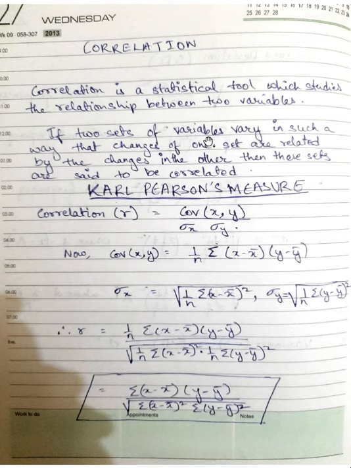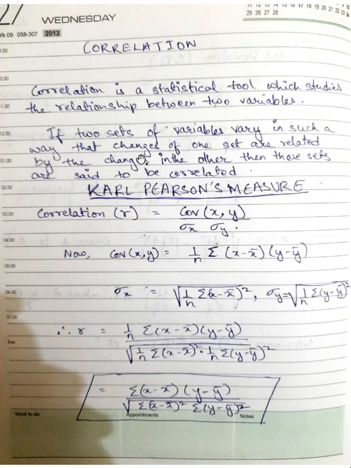If two sets of variables vary in such a way that changes in one set are related to the changes in the other, then these sets are said to be correlated.